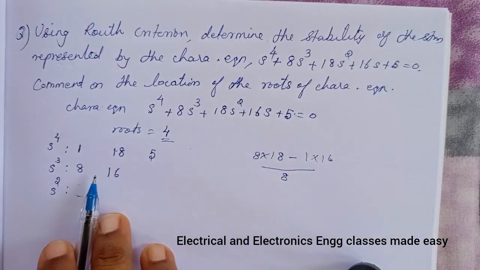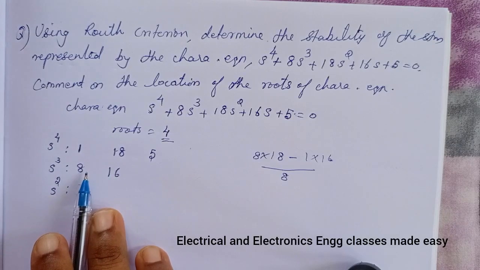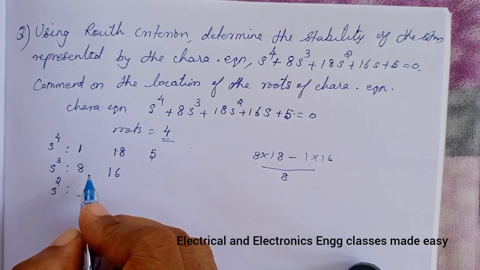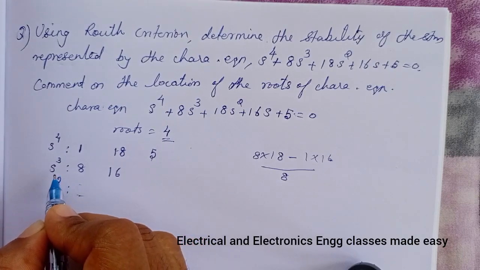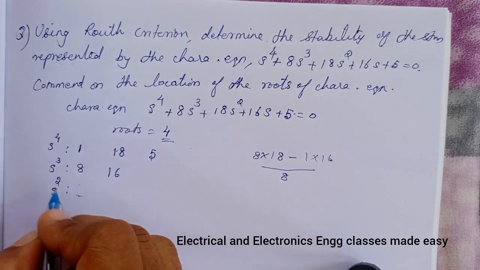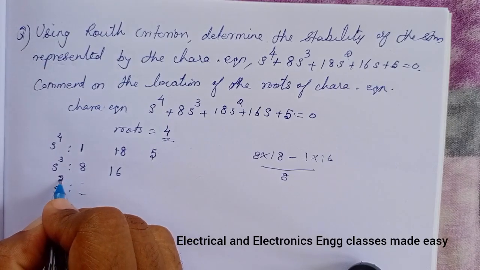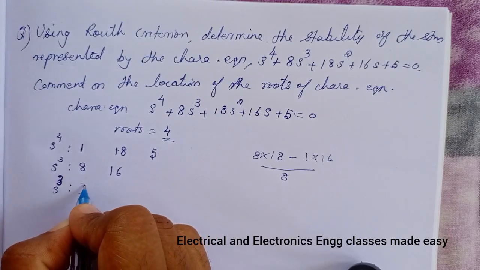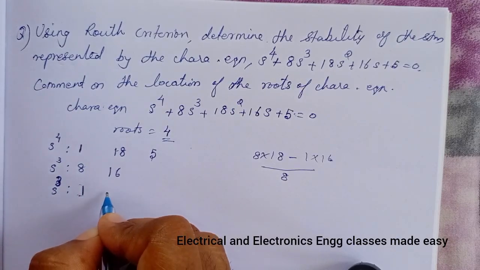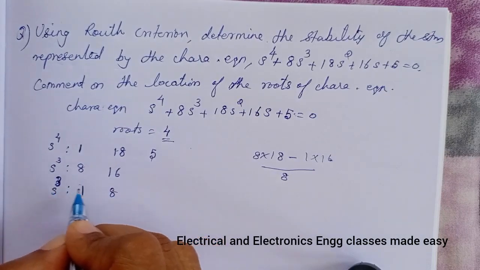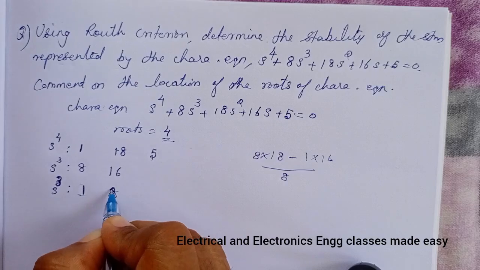And for simplicity, this row we can divide by 2. While dividing this row by 2 we get, so s cube we can rewrite as 1, 8 becomes 1, and 16 becomes 2.